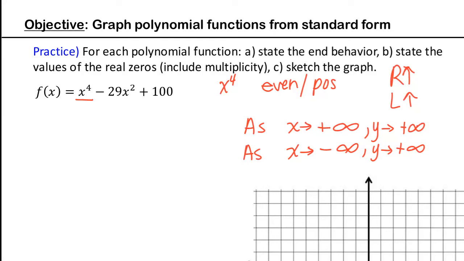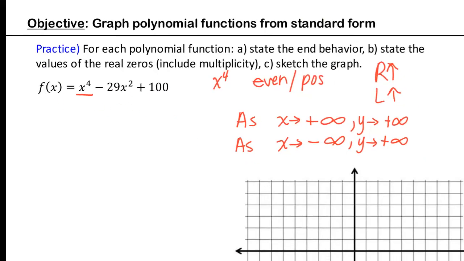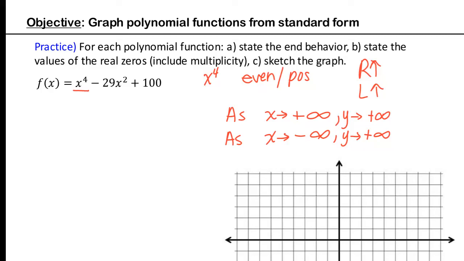All right, and then this one's a trinomial, but do I have a GCF here? No GCF, so we're going to go straight to blank plus blank is negative 29, and blank times blank is 100. So figure out the factors of 100.